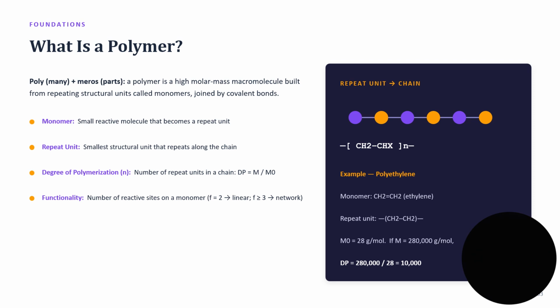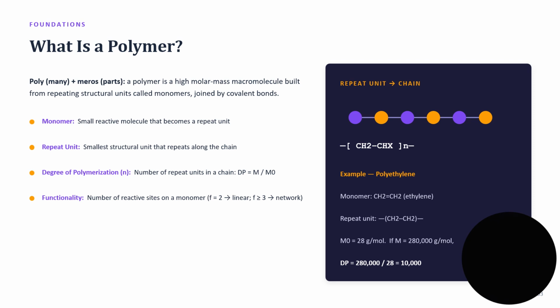A few definitions you must know. One, the monomer is the small reactive molecule you start with. The repeat unit is the smallest structural fragment that repeats along the backbone. And note, the repeat unit is not always identical to the monomer, especially in condensation polymers.